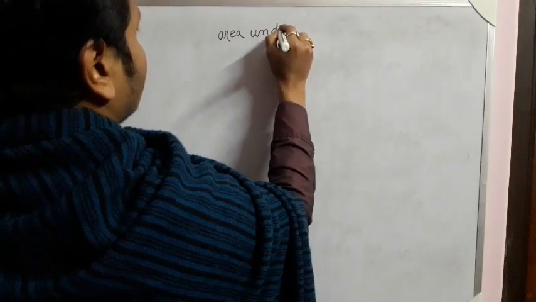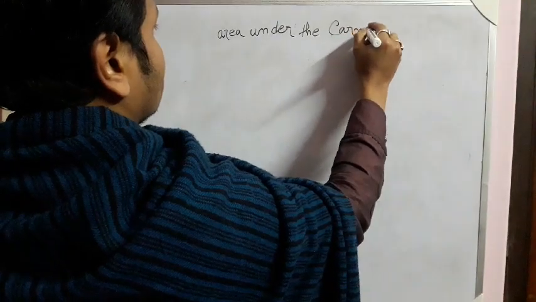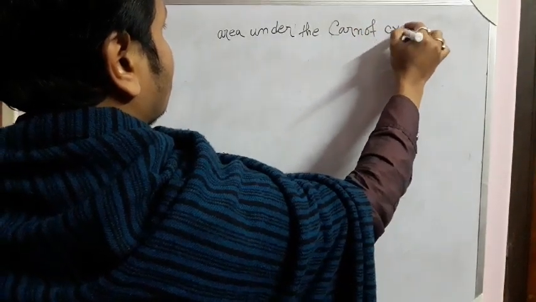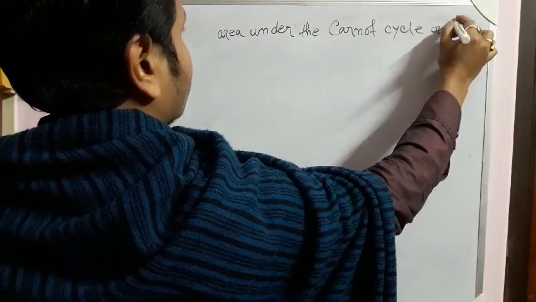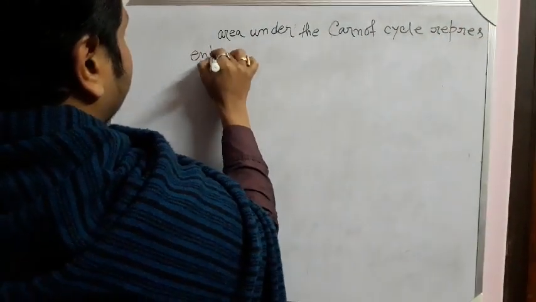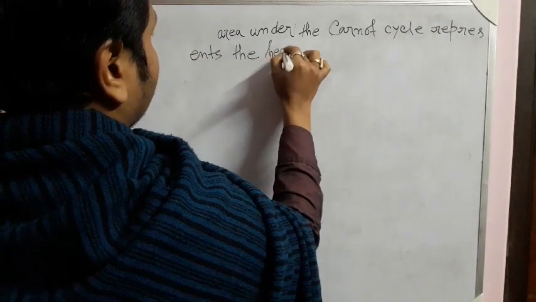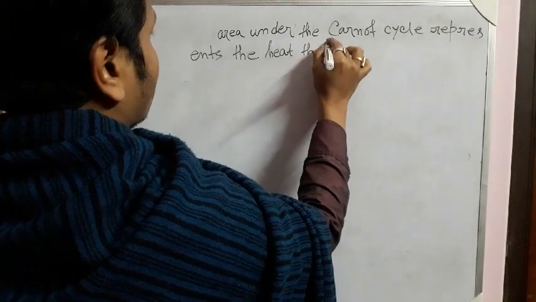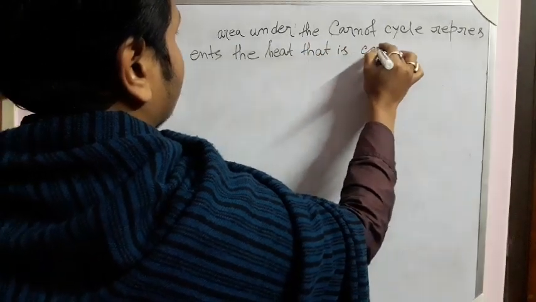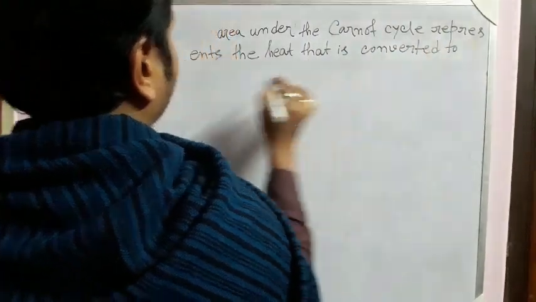So this is the significance, that area under the Carnot cycle represents the heat that is converted to work.